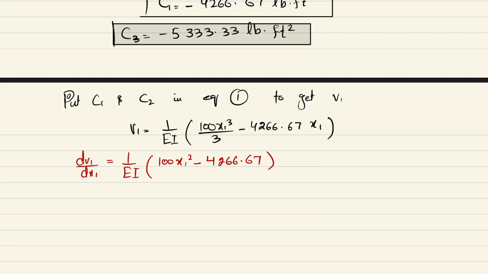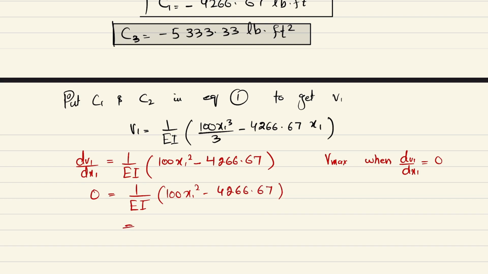V max will be there when dv1 over dx1 is equal to 0. So you will take it 0, and that will be equal to 1 over EI into 100 x1 square minus 4266.67. When you solve this, you will get x1 is equal to 6.5320 feet. So at this distance we have maximum deflection.